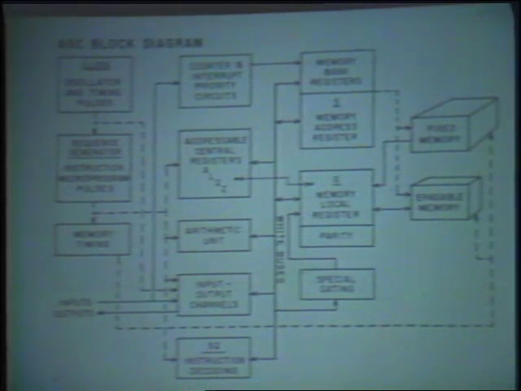Then the timing and the control. The clock in the computer was the prime source of time throughout the spacecraft. So it had to be good to a few parts per million. Then the various circuits to control the sequencing and timing of the processor.